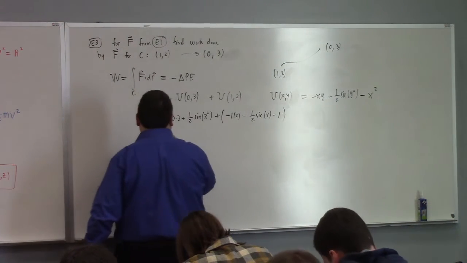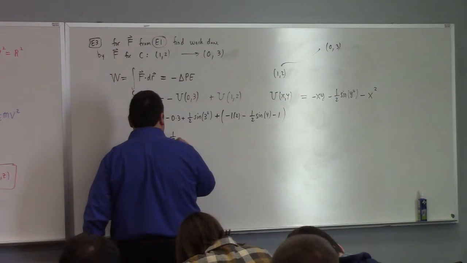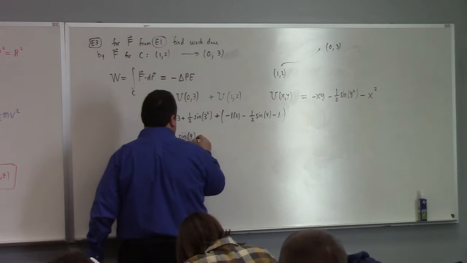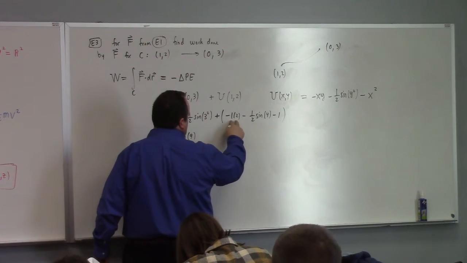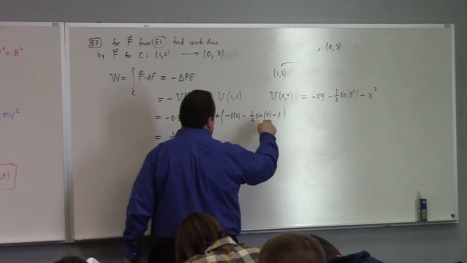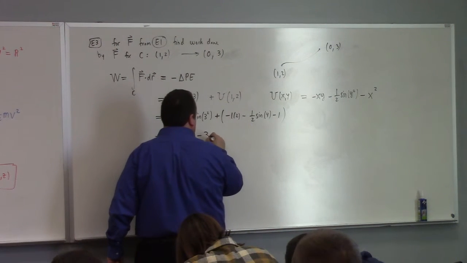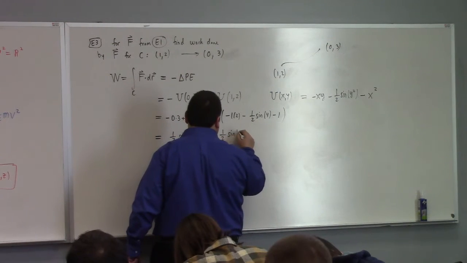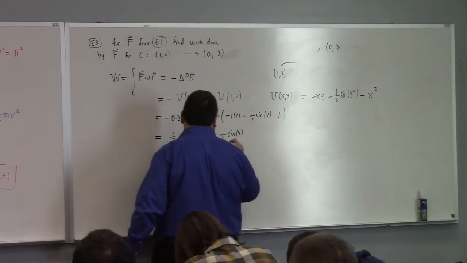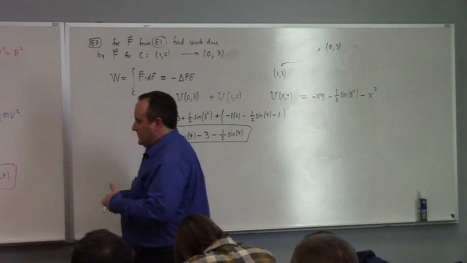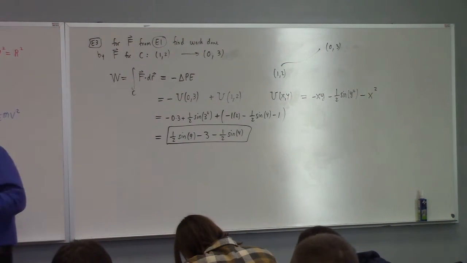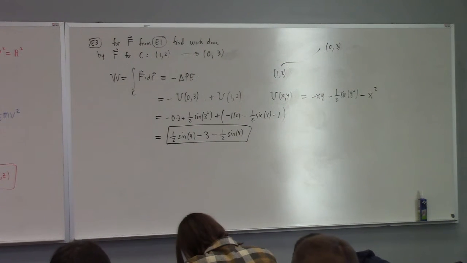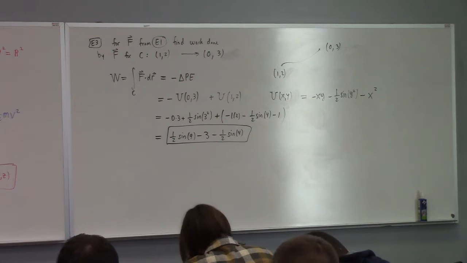If I haven't made a stupid sign error here, I've got 1/2 sine of 9. That gives me a minus 2, minus 1, which is minus 3, I believe, minus 1/2 the sine of 4. So there you go. That would be the work done. Obviously, to be more physical, we ought to put in units and things like that, but I'm trying not to clutter these examples any more than they already are at the moment.